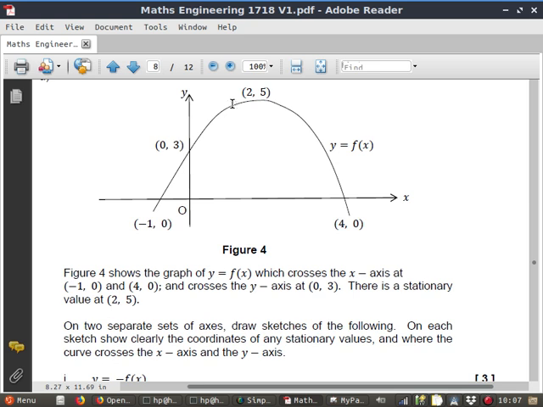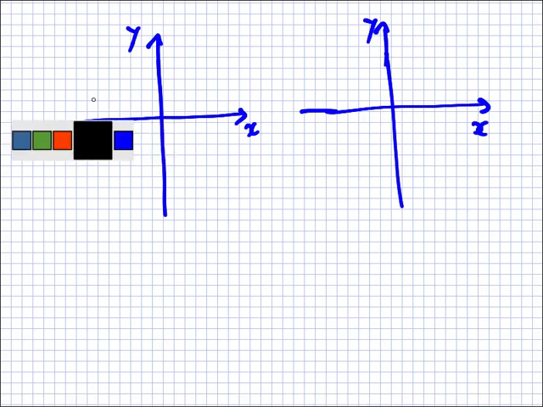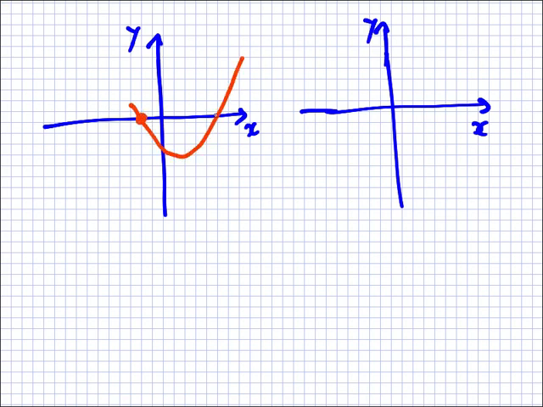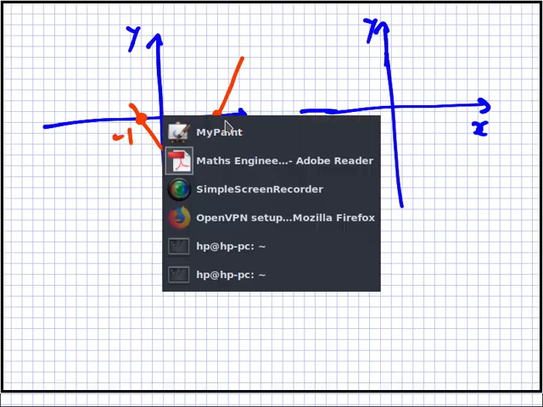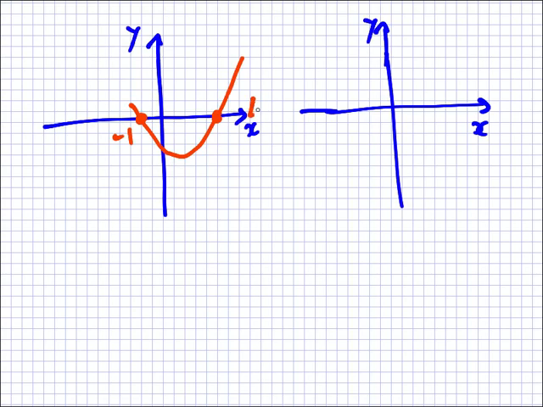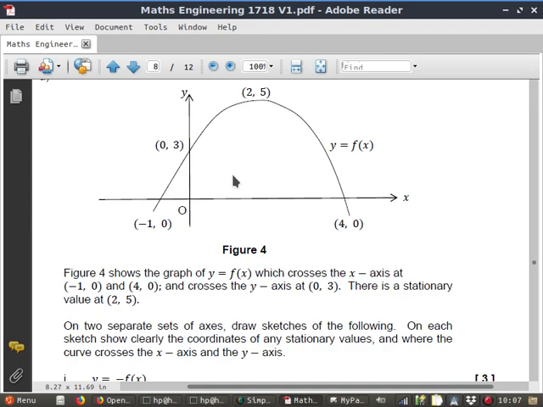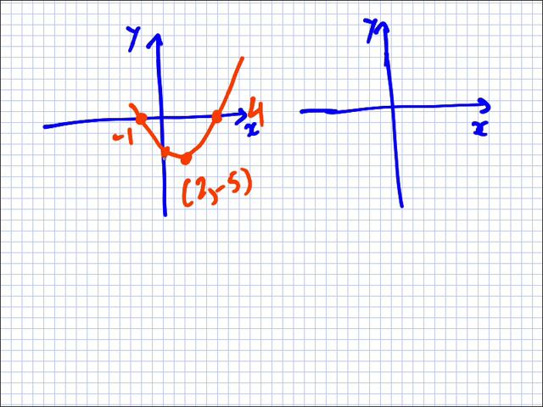So the graph looks like this, where these points are the same, -1, and this one here is still 4. But this point here is different. It's 2 minus 5. And this point here is now at -3. Okay?